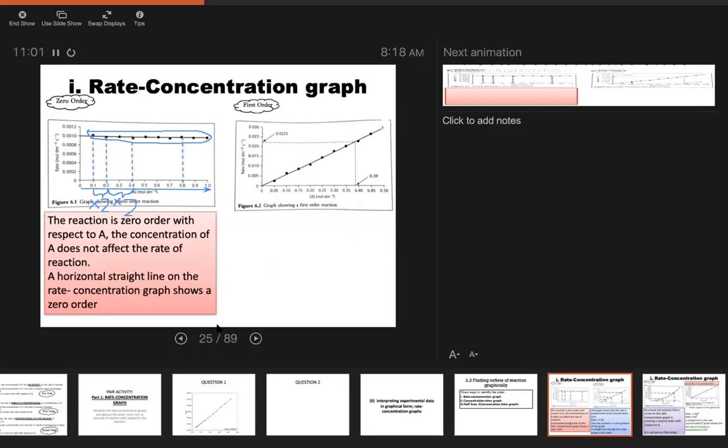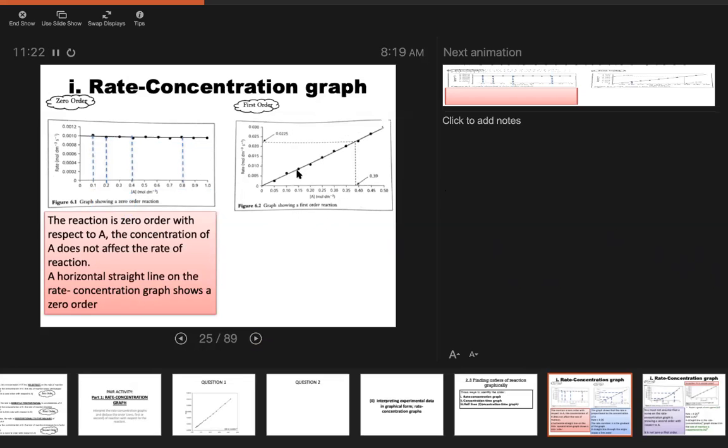Now, to continue, while I'm explaining, you can continue copying down if you are not done yet. Let me just clear this first. The graph on the right side is a graph of a first order.